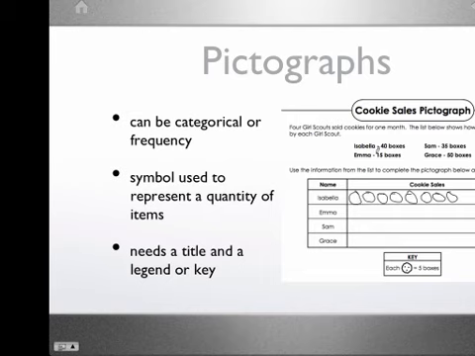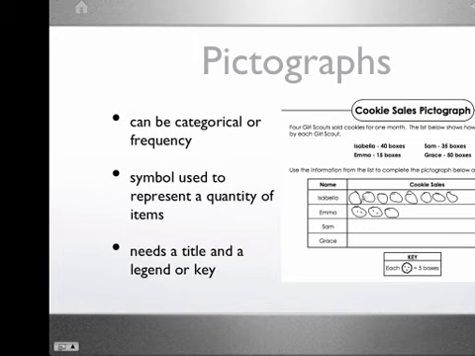All right, Emma, on the other hand, only sold 15 boxes. So when we think about how many of these symbols we're going to use for Emma, we count by 5s, since each of these cookies represents 5 boxes. Then we can write 3 of these, and if you want to add the little chocolate chips, you can do that, but it takes a little bit of time with this pen, so I'll let you do that on your own.